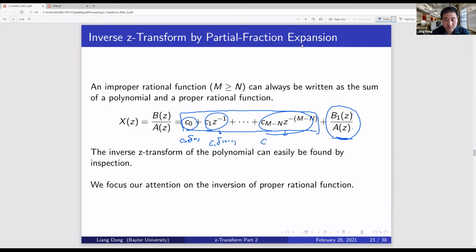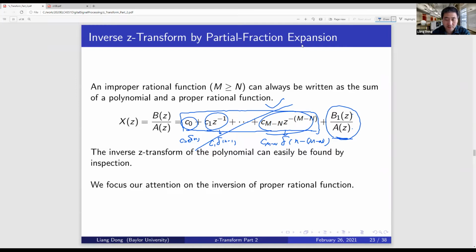And this one is c sub m, delta n minus m, like this. Okay, so we just have a delay term. And the thing back to the time domain is very simple. It's just this delayed version in time domain. It's a delta delayed version. If you do convolution, it just simply gives you delayed x n minus 1, x n minus 2. So we got this part done. This part we solved.